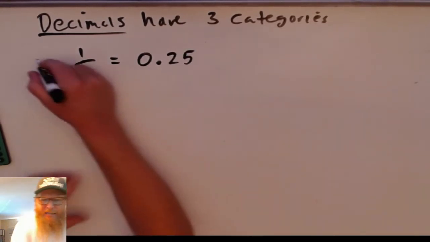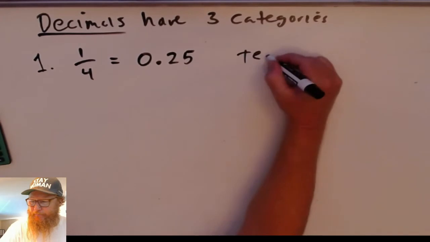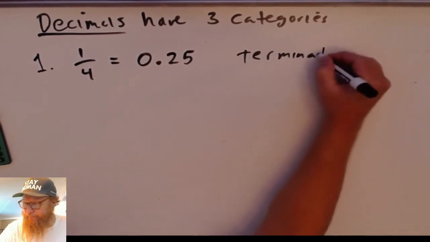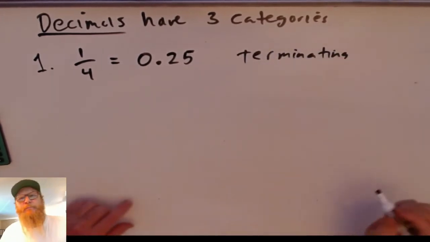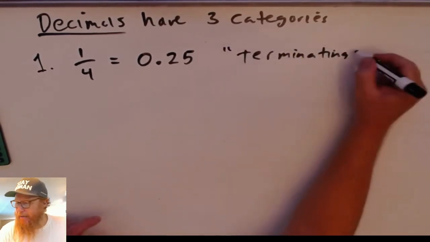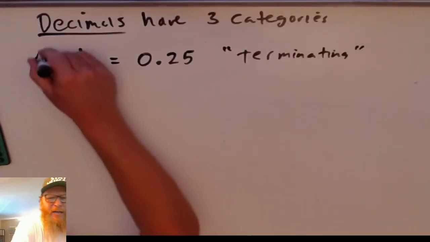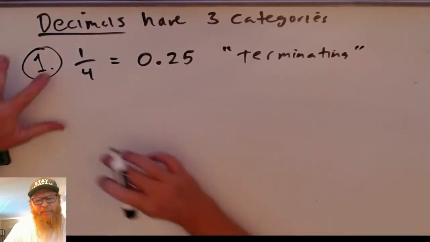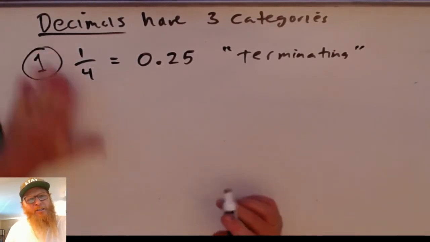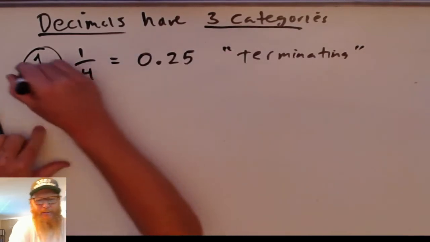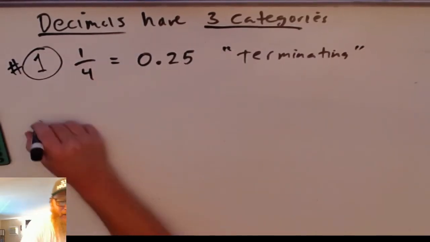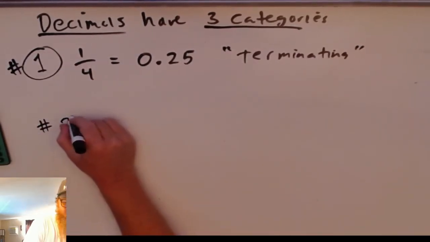This is called a terminating decimal, or simply terminating. So that's the first category. I should be careful here. I don't mean one, one is just category number 1. Category number 1.